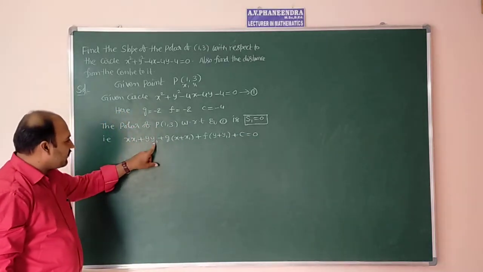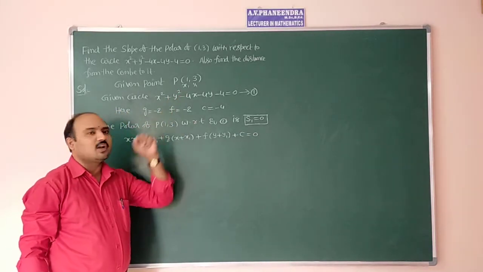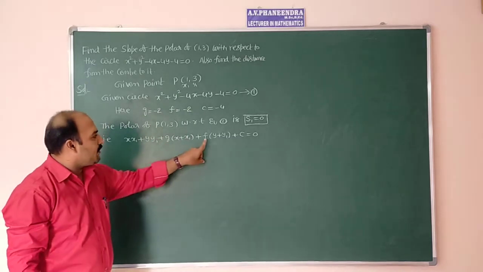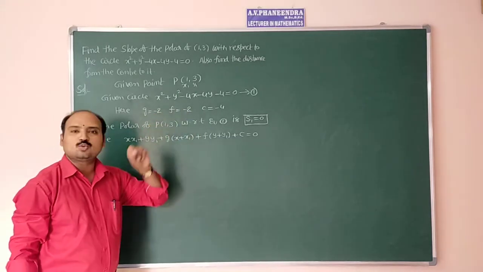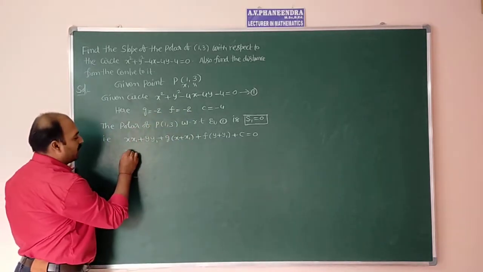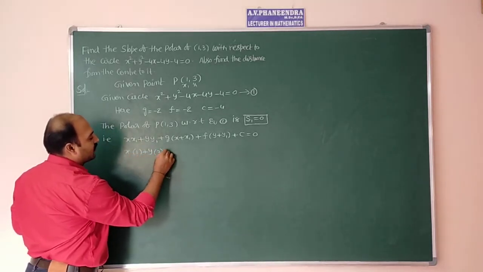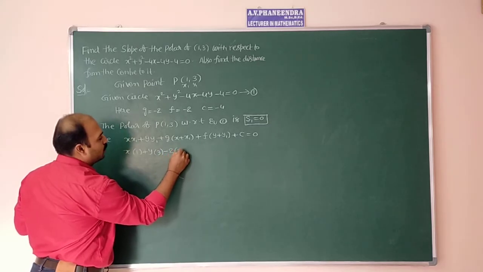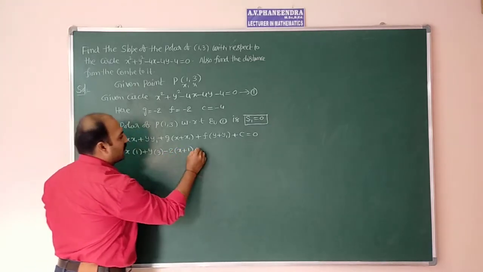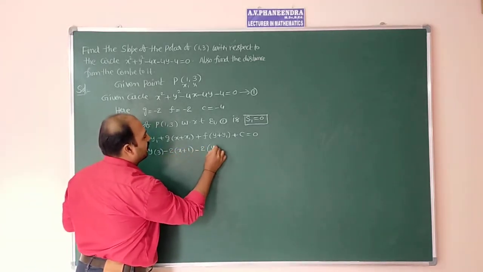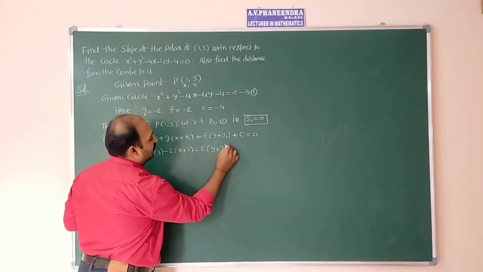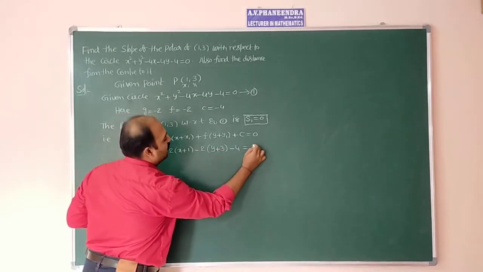Now wherever x1, y1 is there you have to replace with 1, 3. Wherever g, f is there you have to replace with −2, −2. So x into 1 plus y into 3, g value is −2 into (x + 1), f value is −2 into (y + 3), c value is −4, equal to 0.